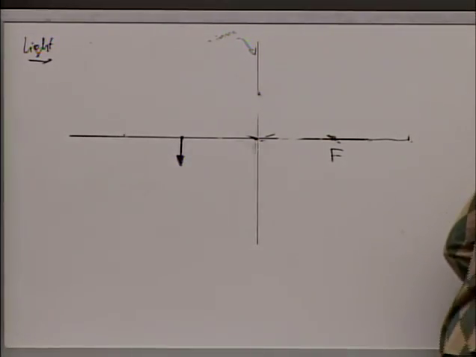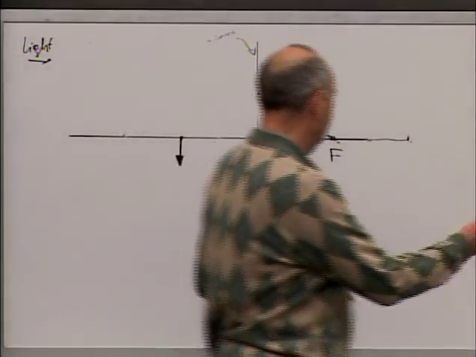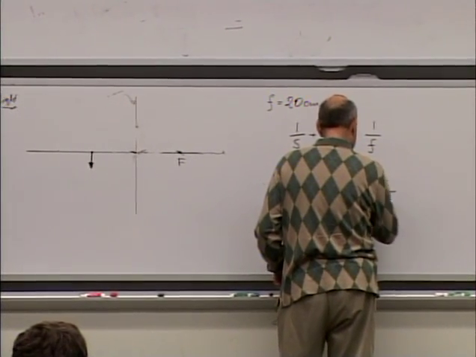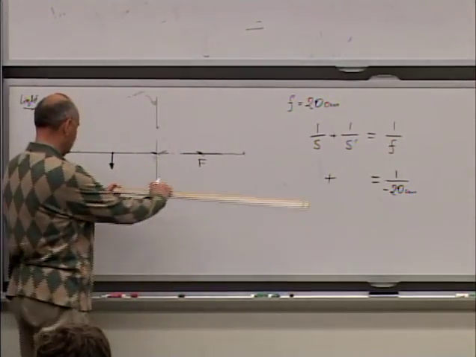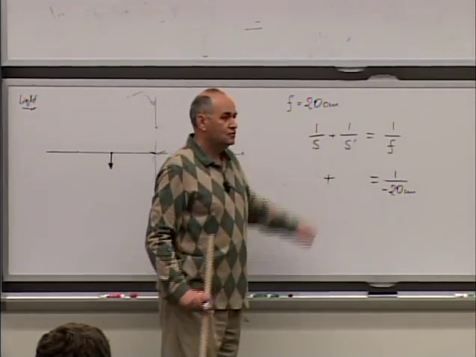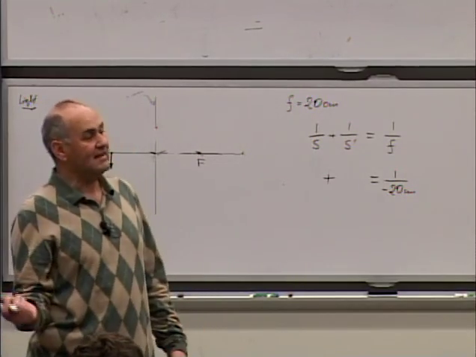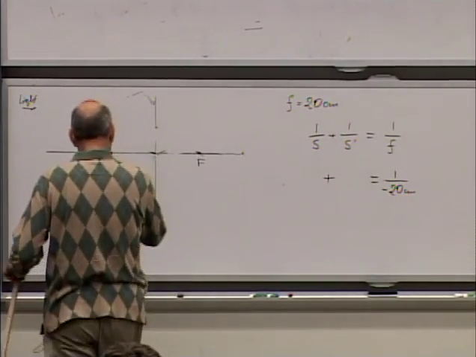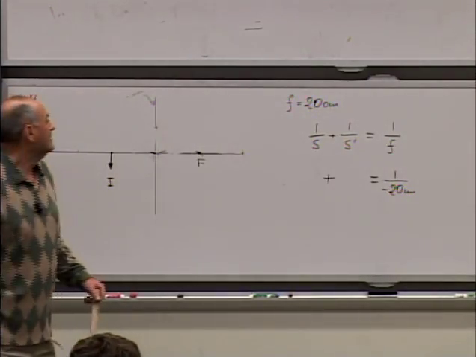Should we maybe calculate it first this time? So again, the focal length is minus 20 centimeters. Now this distance over here is 20 centimeters. So one of those two should be 20 centimeters. Which one? Can you help me? Or minus 20? Which one? I want this to be the image. The second one, right?